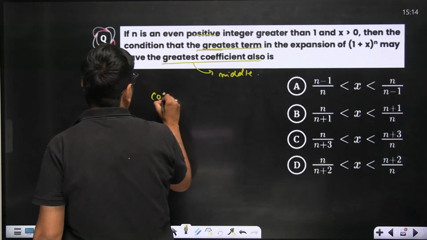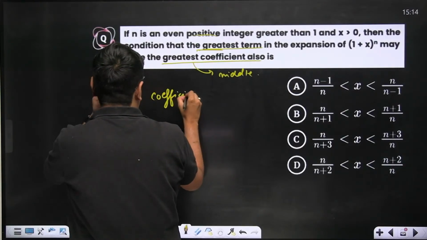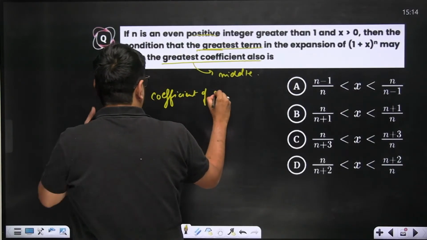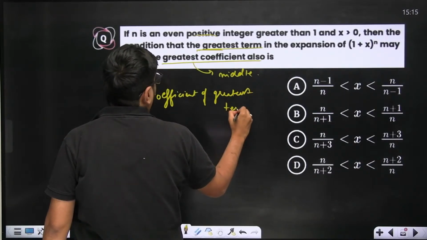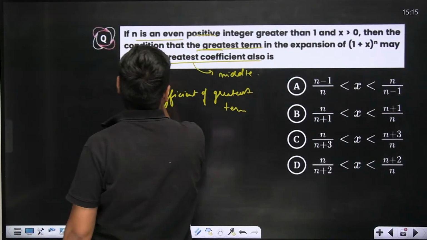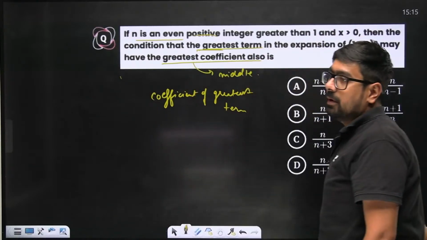Coefficient of the greatest term. Because n is even, the number of terms will be odd.